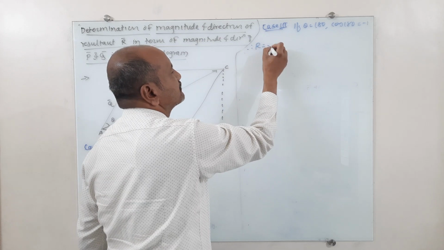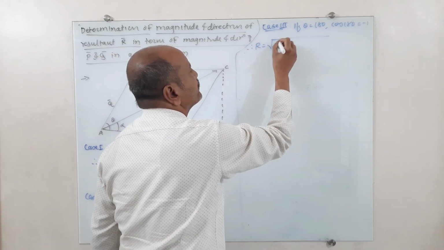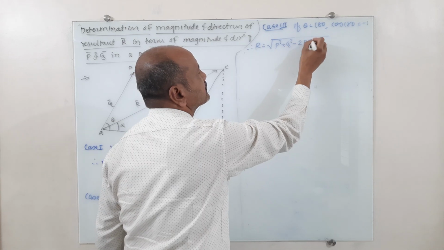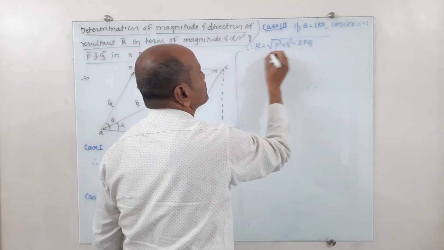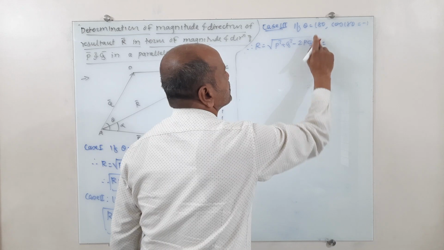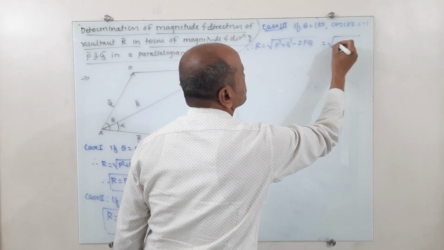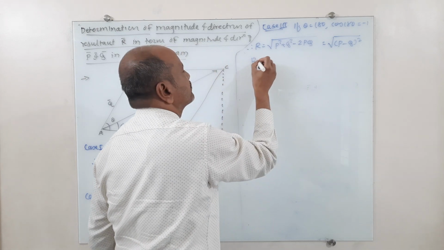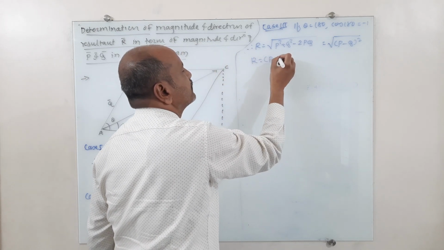Therefore, R is equal to under root P square plus Q square minus twice PQ, which is equal to under root P minus Q whole square. Therefore, finally we get R is equal to P minus Q.